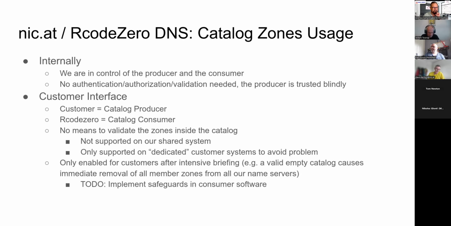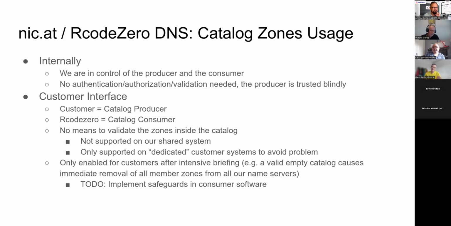And I also started a discussion in the DNS OARC community. Some people like that idea, some people don't like it. They say it's the customer's choice. If they produce a broken catalog, a valid empty catalog, it's their fault. But in our case, we always try to make our DNS service fail-safe.